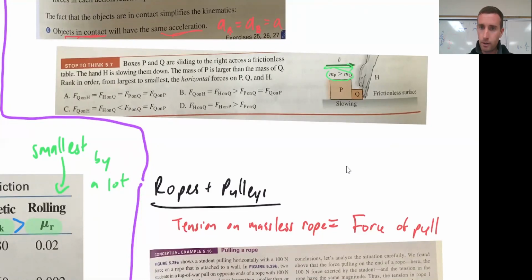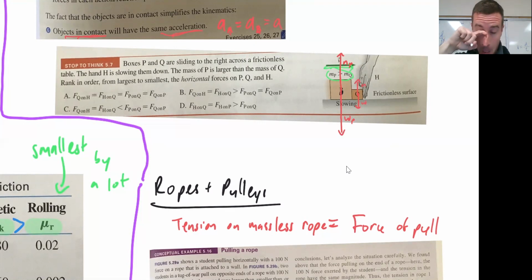Okay, so it's slowing down. I'm going to start by drawing my force diagrams here. I have a force down, and that's going to be a weight. I have a force up, and that's going to be the normal force, and that's for P. For Q, I'm going to have a force down, which is weight, a force up, which is normal.